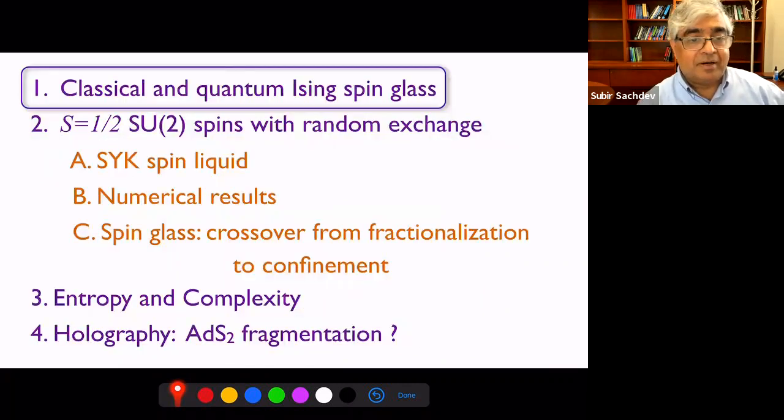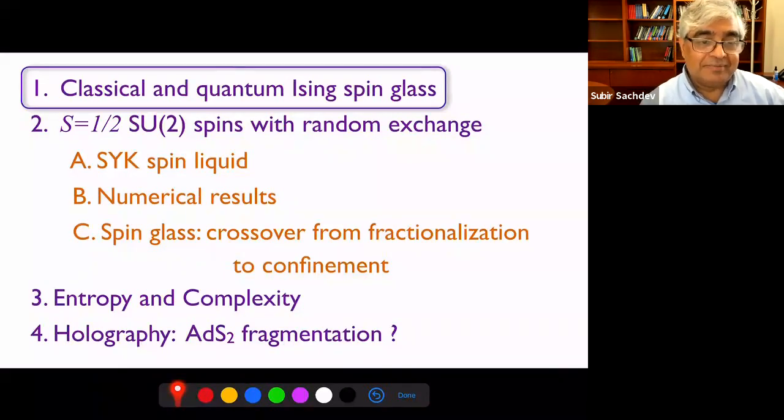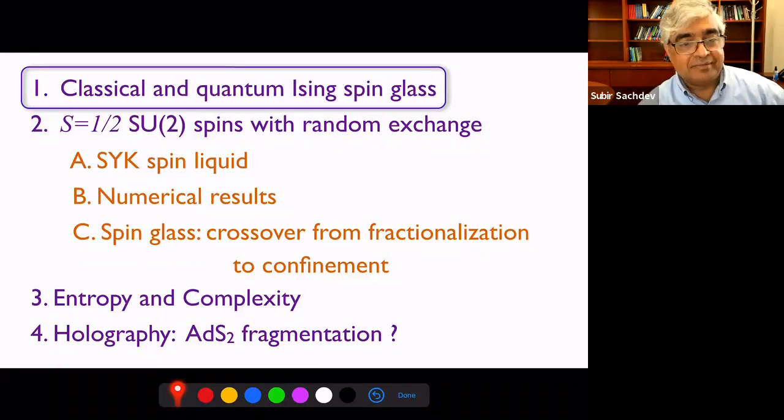I'm going to be interested here in the instability of the SYK model in the context of models that are realistic for condensed matter applications. This instability has been known for a while, and it leads to spin glass order. I'm going to present some progress in understanding this instability.